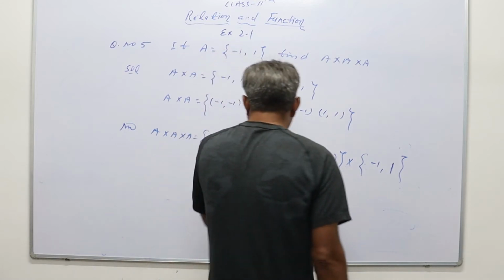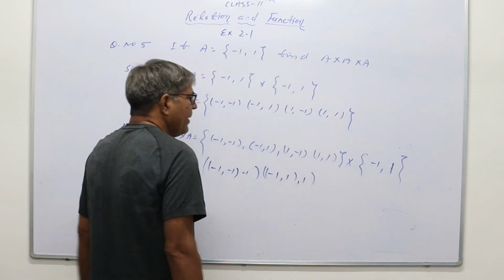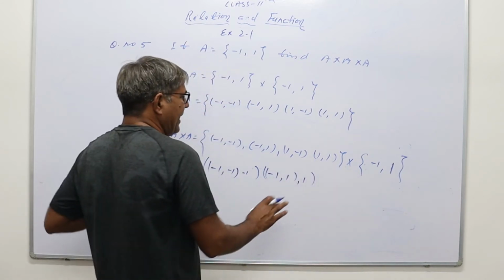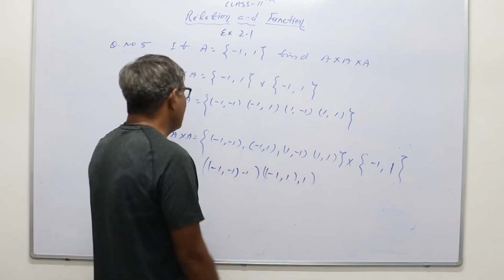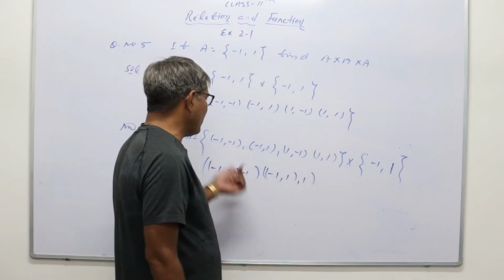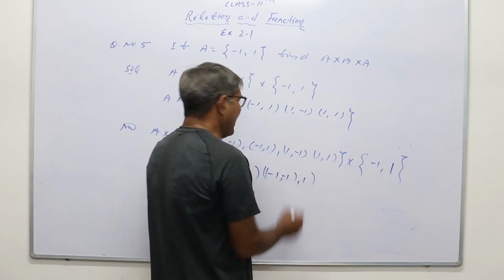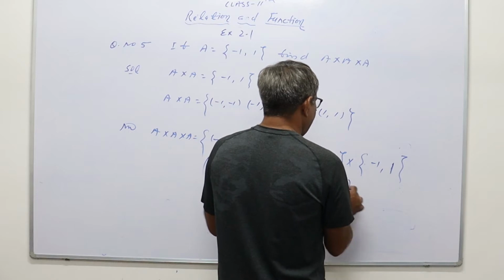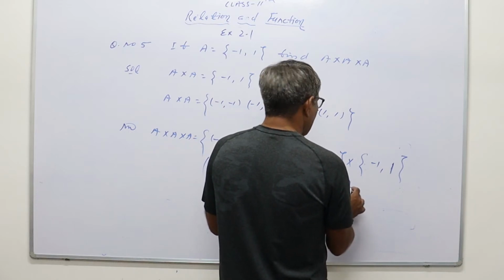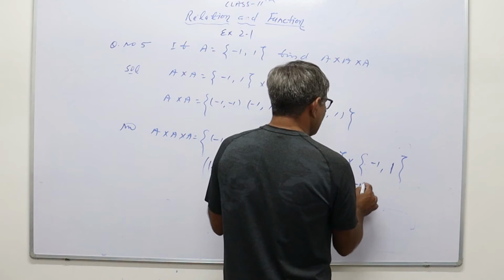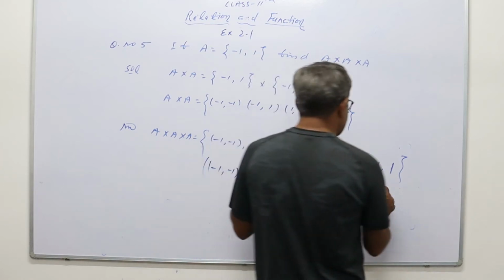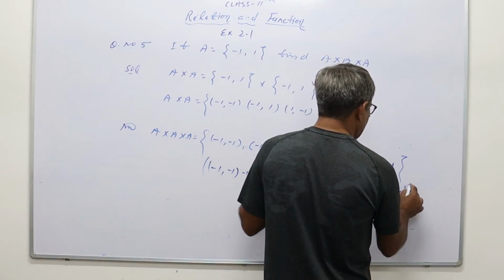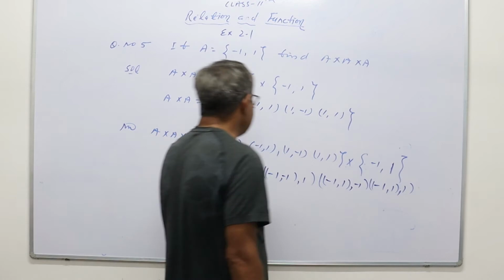Similarly, every element will be written with the first element, so (-1, 1) with -1, then (-1, 1) with 1. Now we will take the second element. So ((-1, 1), -1) one time, and then the second ((-1, 1), 1).